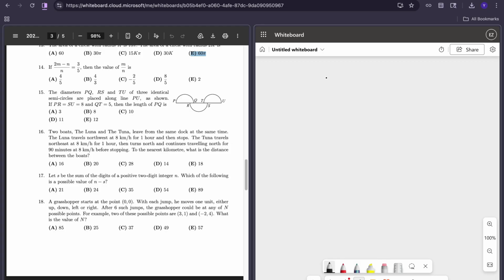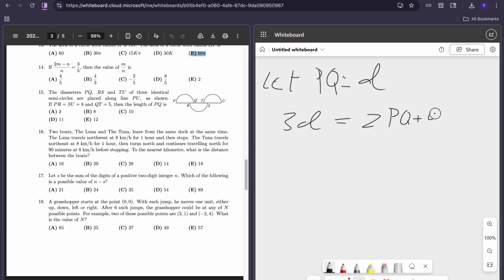So we first let PQ equal D. So we say 3 diameters, 3D, should equal 2PQ plus 4RQ plus QT. This one is really easy to understand.